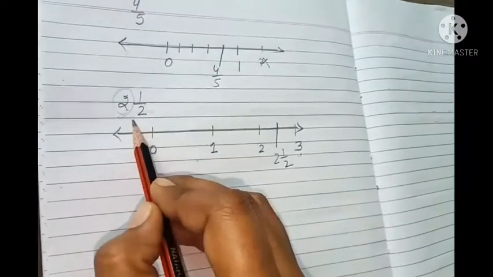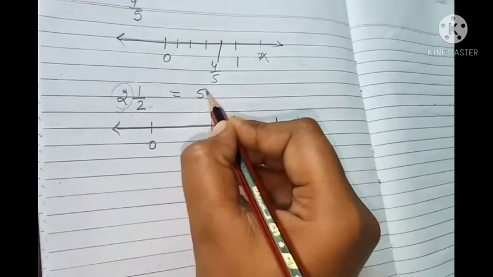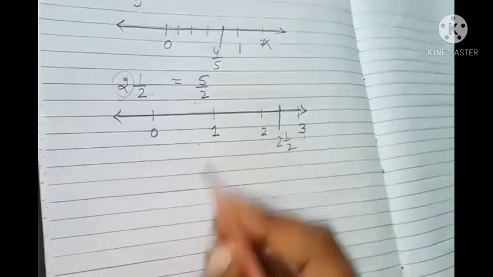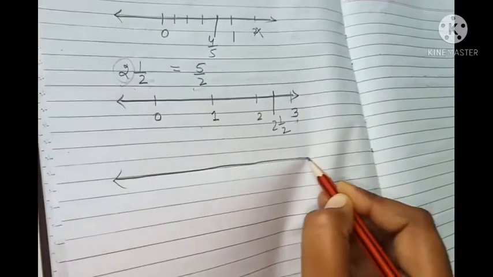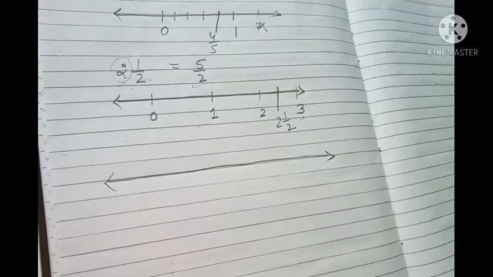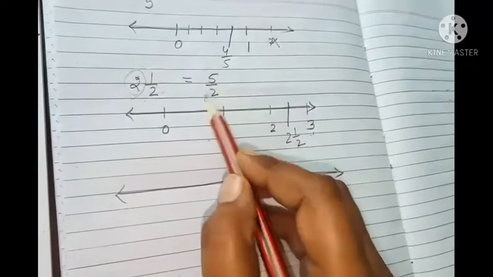Okay? One more concept is there for this, which is to convert it into an improper fraction. 2 and 1 by 2 is 5 by 2. If you need to represent this 5 by 2, make a proper number line. Obviously make this number line with your scale. Okay? You need to represent 5 by 2.